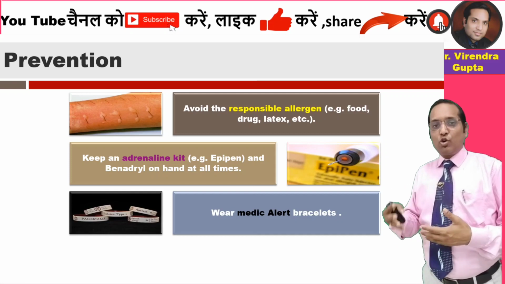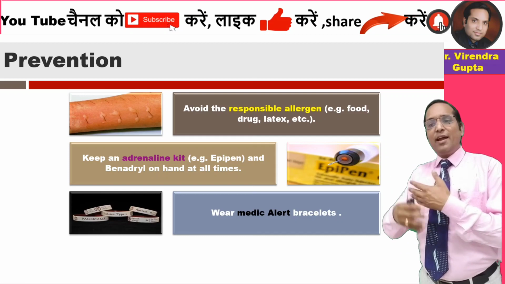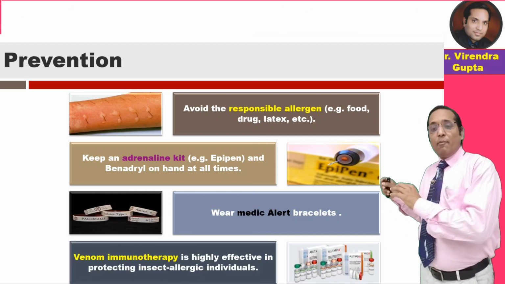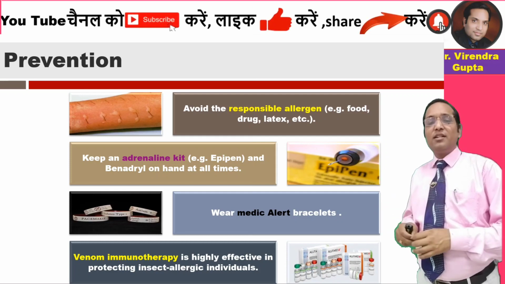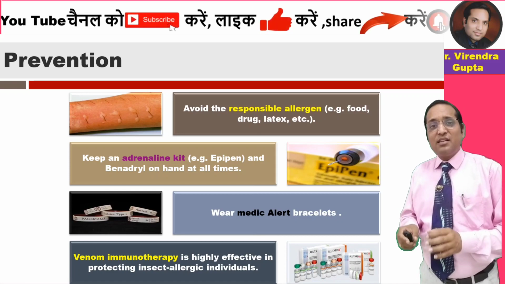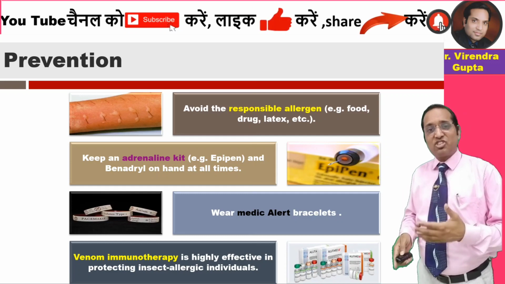And those patients who are known to be allergic should wear medic alert bracelets. Venom immunotherapy is very highly effective in protecting insect allergic individuals. So guys, these are preventive measures which can prevent anaphylaxis reaction.